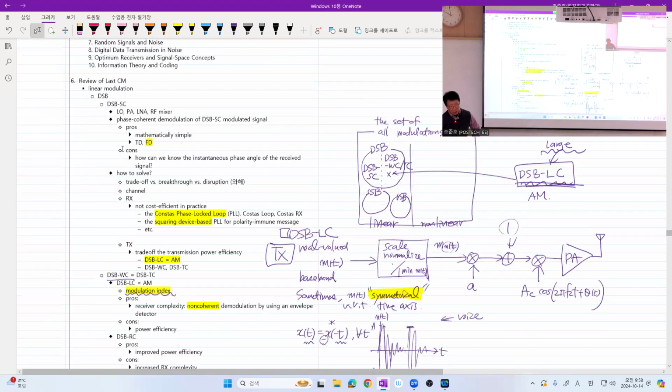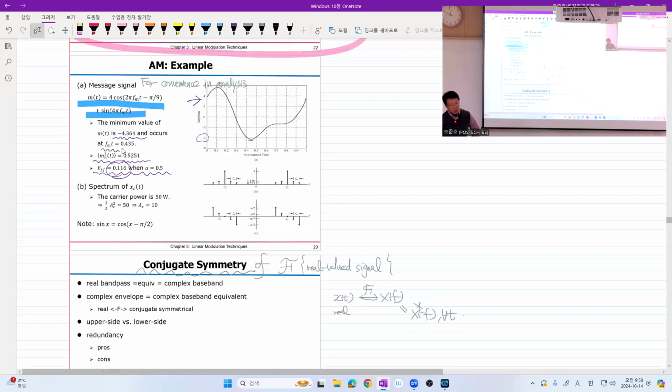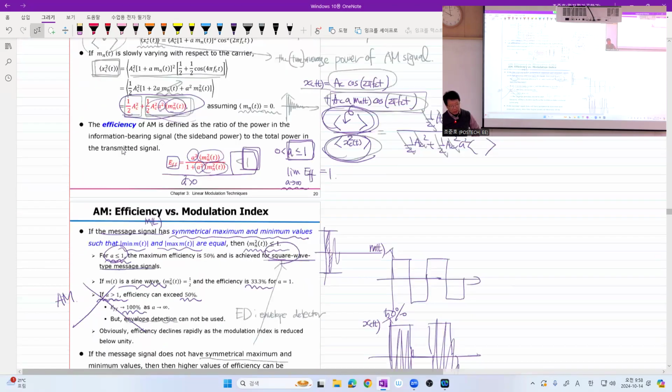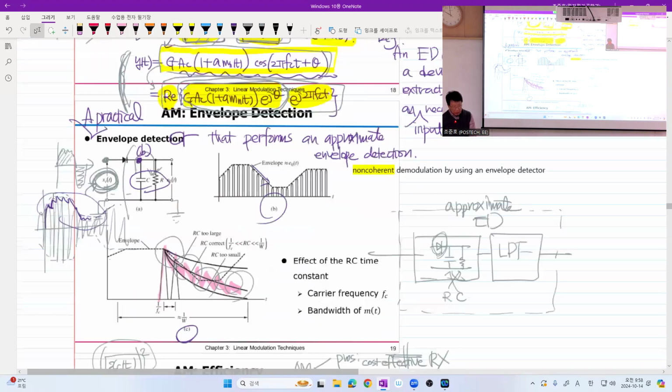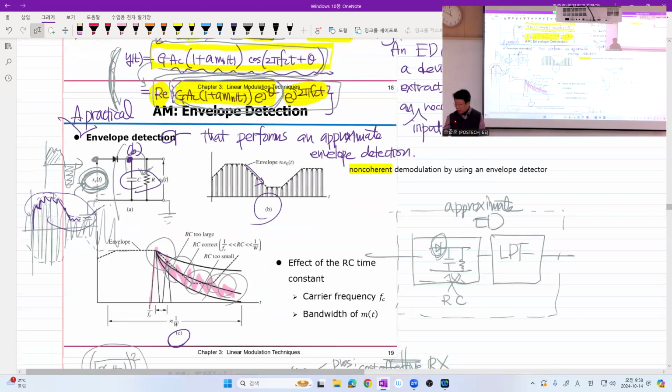How? They used nonlinear devices such as a diode. At that time, it was not a diode, but anyway, some circuit that performs mathematically the same as the diode, and they use a resistor and capacitor to build this envelope detector. Of course, approximate, got it?